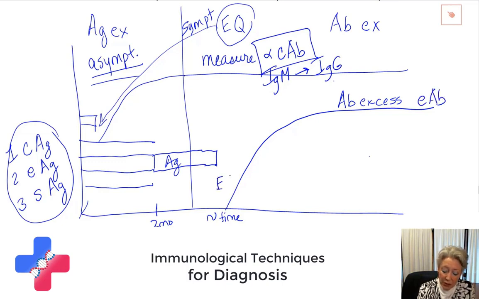And in between the two, the equivalent zone between them. Notice the equivalent zone is always the period of time when the antigen and antibody are in just the right amount so that they are being cleaned out totally by the spleen, and there is neither excess molecules of antigen nor excess molecules of antibody.